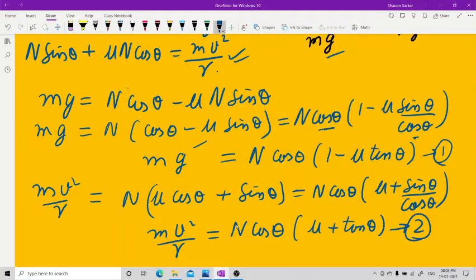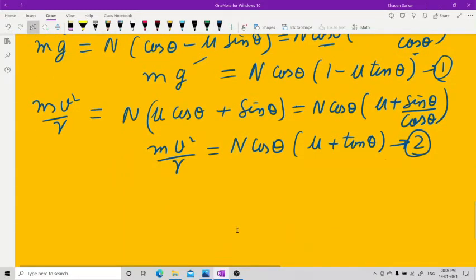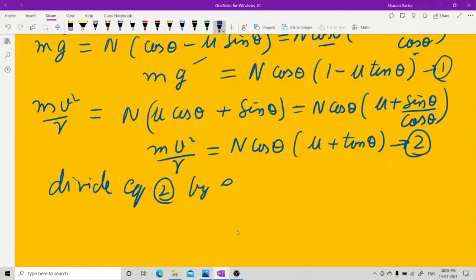Now what I'll do is divide equation 2 by equation 1. See what happens if I do this. You have mv square by r, and mg comes here.